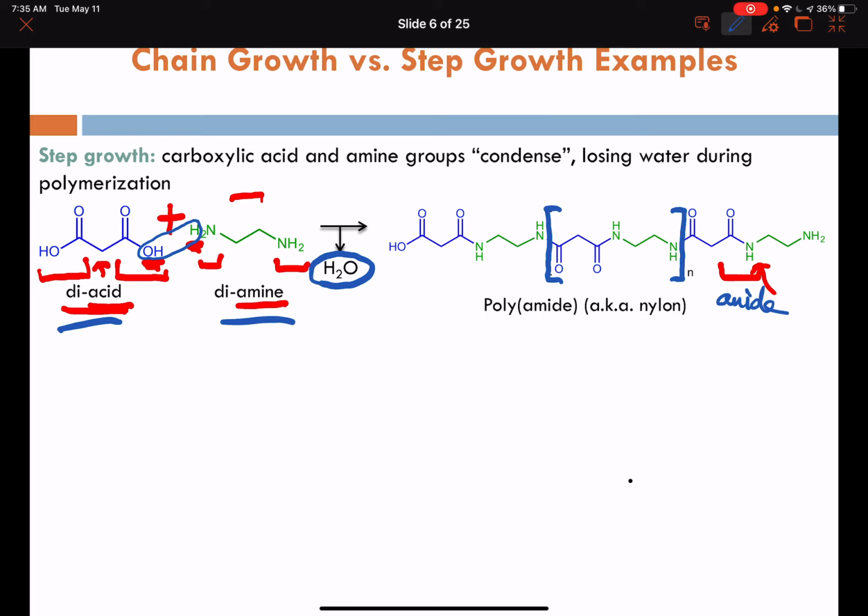So we see the blue fragment represents the two carbonyls with that bridging CH2 group, and then we see most of the amine structure, so that the primary amine has become the secondary amine for the amide functional group, and we see that ethylene bridge in the middle, and that repeats again to another secondary amine for the amide as we go across to the next repeat unit. So here, both monomers are showing a lot of their structure and atoms in the repeat units, and we've only lost a very small portion of each molecule to make our amide groups, that is the water.